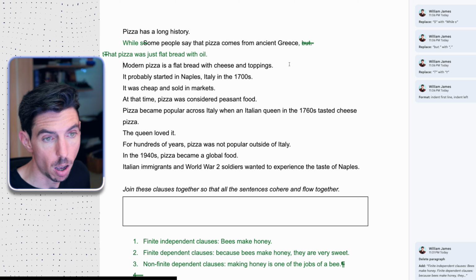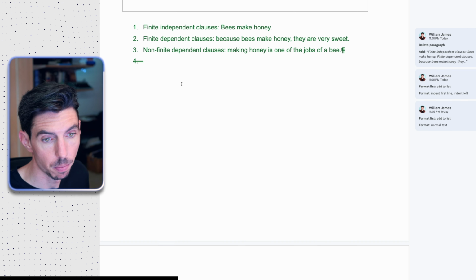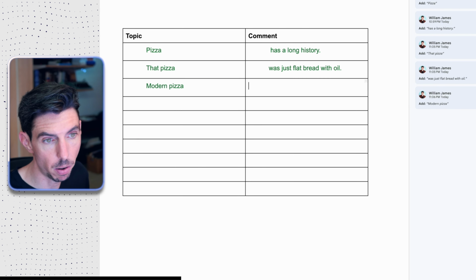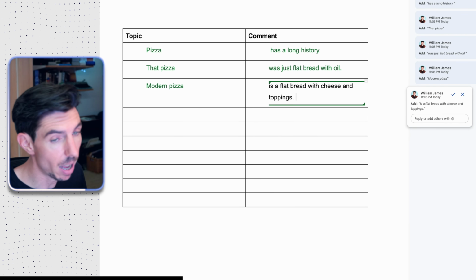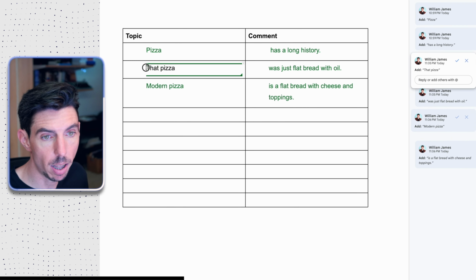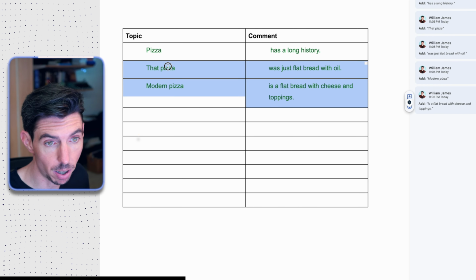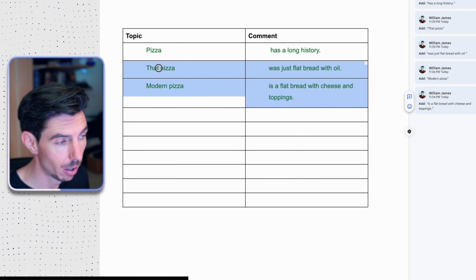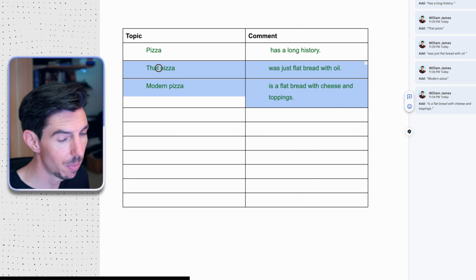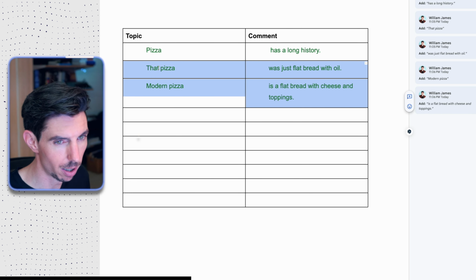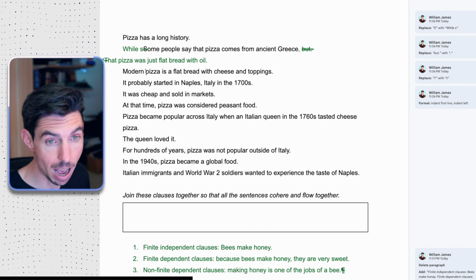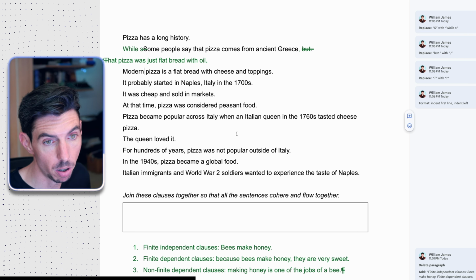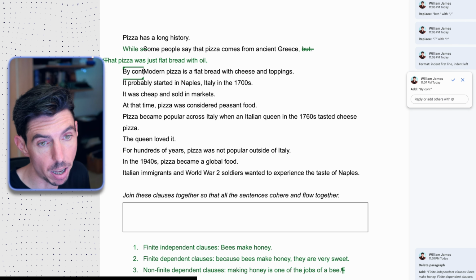Great. Modern pizza, look at how well this is lining up now. Modern pizza, what about it? "Modern pizza is a flatbread with cheese and toppings." Now take a look between these two clauses. These are two sentences. We're going to leave them as sentences, but what kind of relationship do they have with each other? They're kind of opposite each other, aren't they? So let's use an adverb, a sentence connector, such as "by contrast."